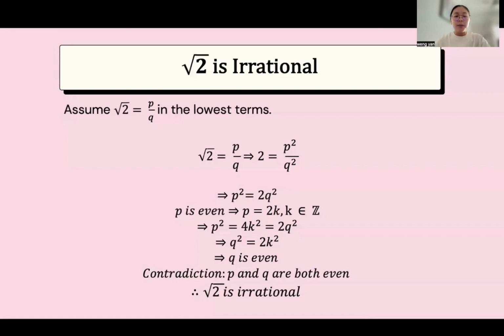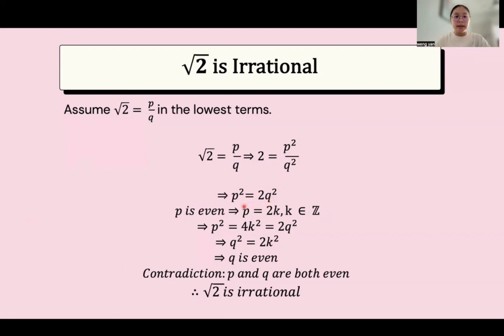Now, let's see the proof by contradiction using the square root of 2. First, we assume the opposite. We assume the square root of 2 is rational and can be written as p over q in the lowest terms. Next, we square both sides. This equation, p squared equals 2q squared, tells us that p squared is an even number because it is 2 times another number, q squared.